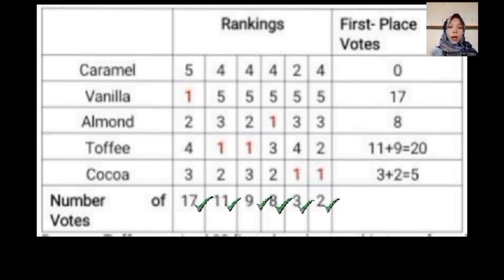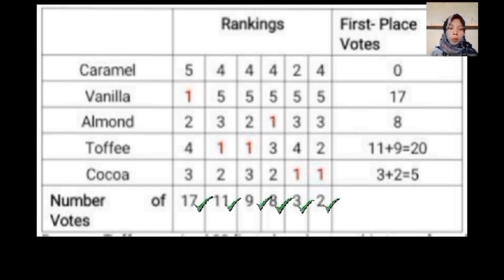So, pagkatapos natin makita yung mga ranking nila, makikita natin ang result of the first place votes. Yung caramel is 0, yung vanilla is 17 ang nakuhang vote. Sa almond naman 8, then sa toffee is 11 plus 9, kasi nag-rank 1 yan, or madaming nag-vote sa kanya as rank 1.